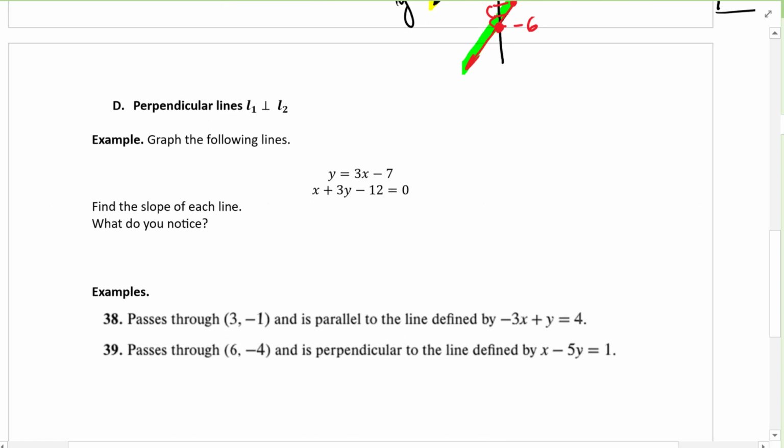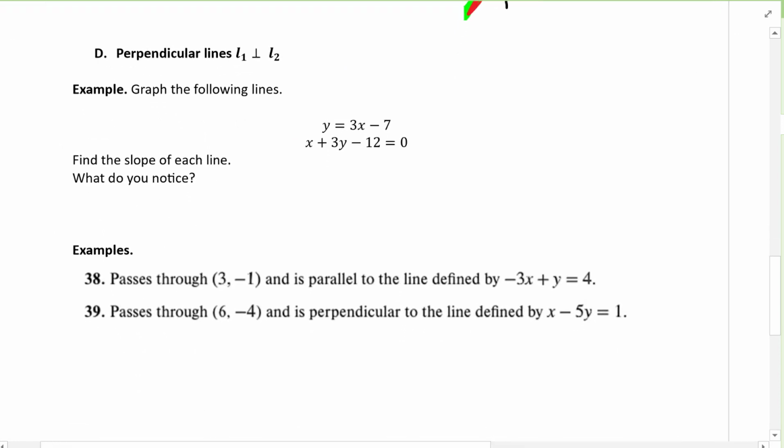And let's take a look at perpendicular lines, which means, like the x-axis and y-axis, they make a 90-degree angle. So here, this one is y equals 3x minus 7. So I can say the slope of this line is 3.